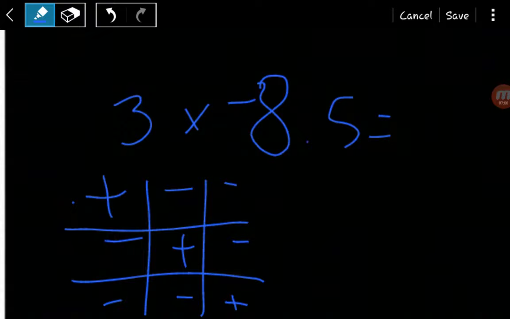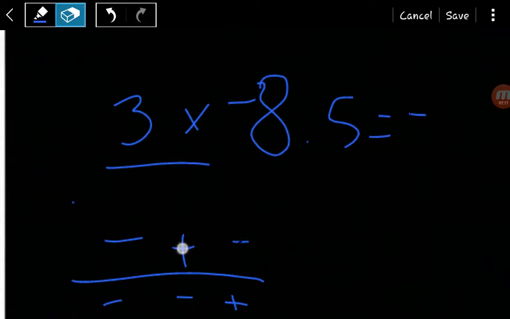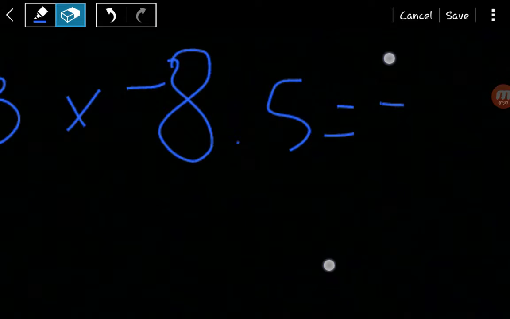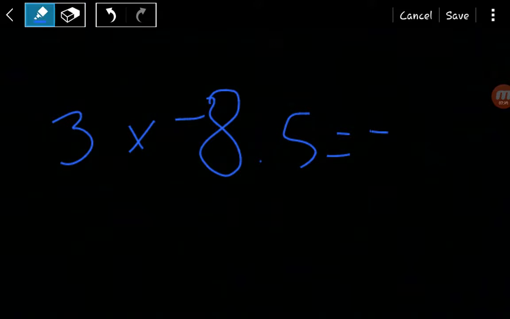I'm pretty sure this was in the multiplying and dividing integers video. So positive times negative equals negative. So our answer will be negative. And now we just simply do the math. So 3 times 8.5 is 25.5.